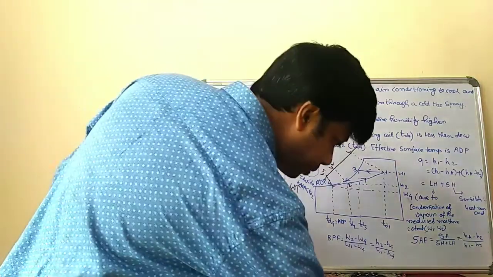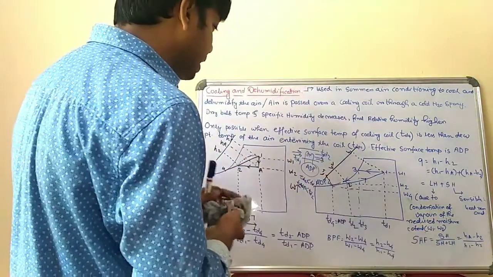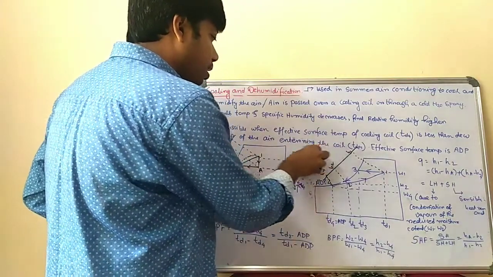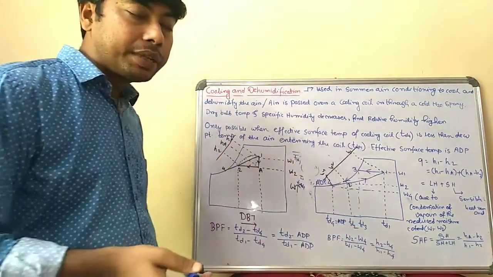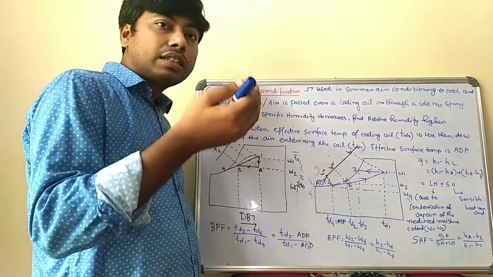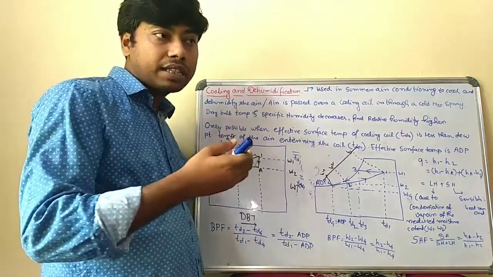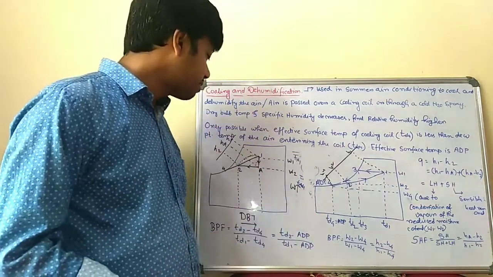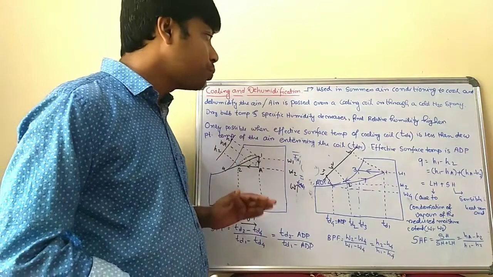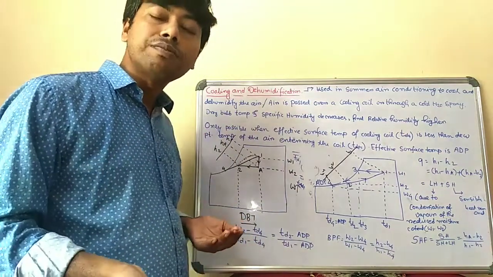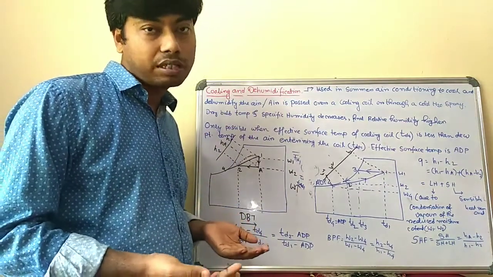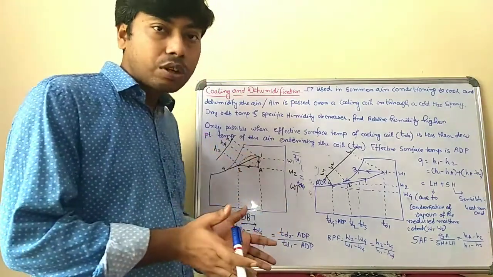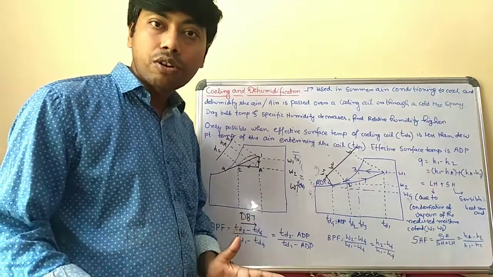If the dry bulb temperature decreases, that means the temperature reduces, that means the cooling process takes place. As well as, specific humidity decreases. If the specific humidity decreases, then we can only call it a dehumidification process. So in this process, the dry bulb temperature decreases, and the specific humidity also decreases.